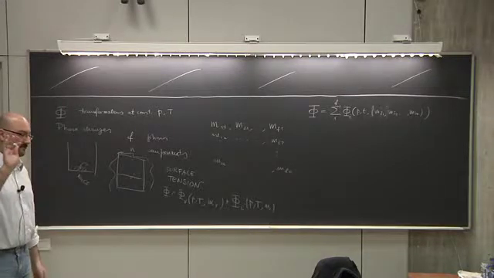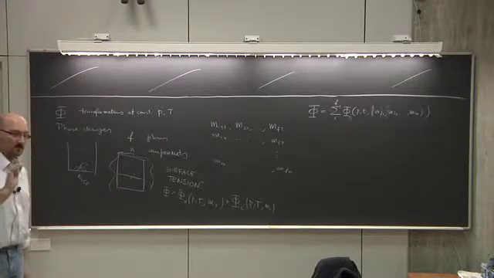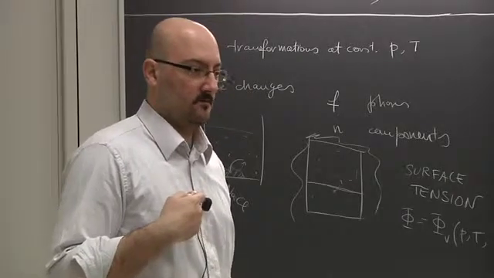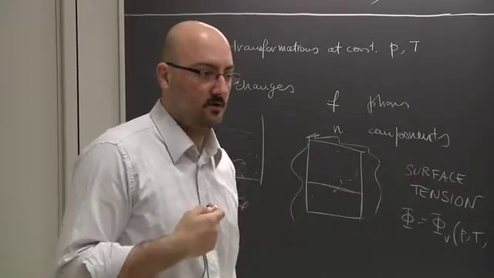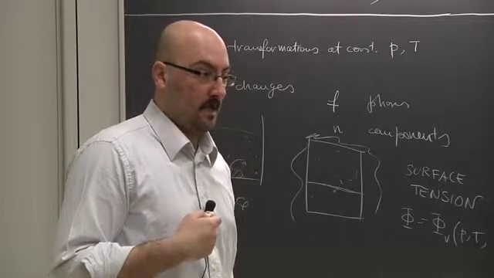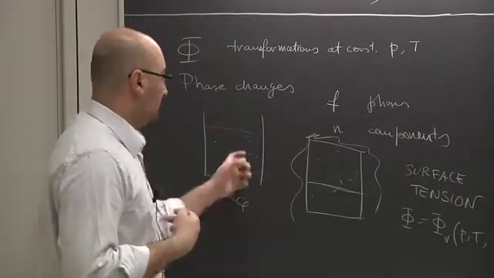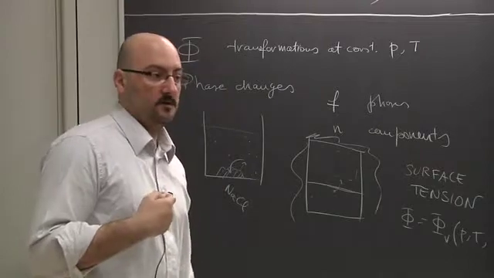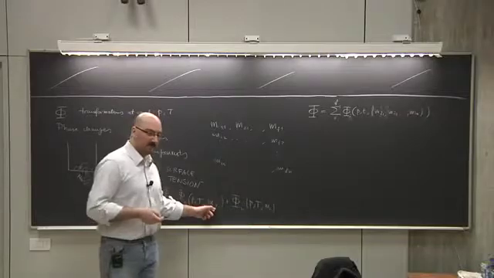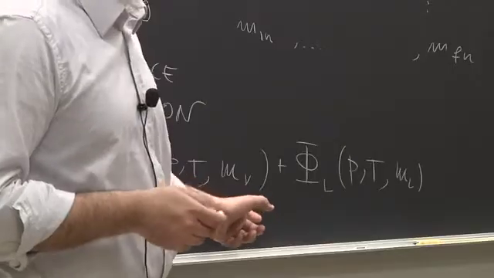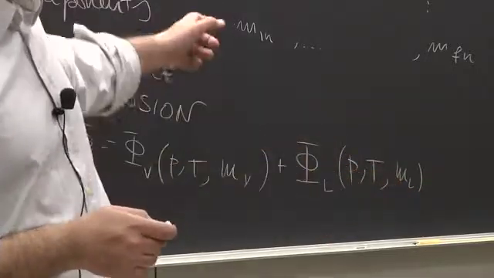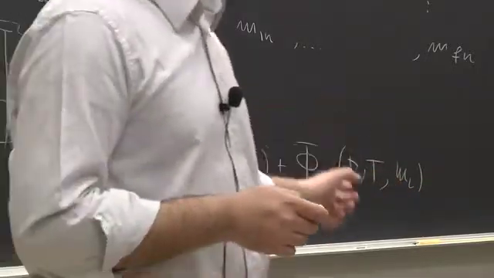Okay, so let me clarify what I mean at constant temperature. It means that the temperature, I set the temperature. Okay? The experimentalist sets the temperature and sets the pressure. Okay? And the only variables that need to be found are the masses, the fraction of the masses of the various components in the various phases.